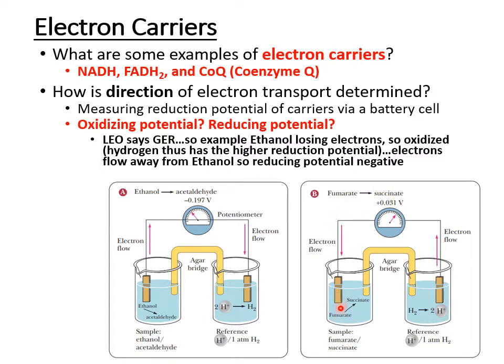It's gaining electrons. And so you can see the electrons are flowing toward the sample instead. Okay, so the trick is to remember that lose electrons oxidize, gain electrons GER, that's reduced. Okay, and then you can follow the electron flow to determine where there's a higher versus lower reducing potential.